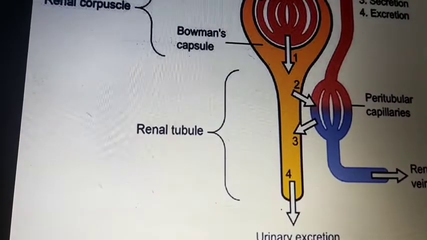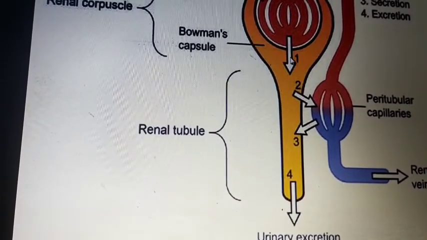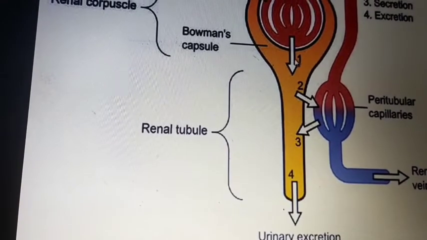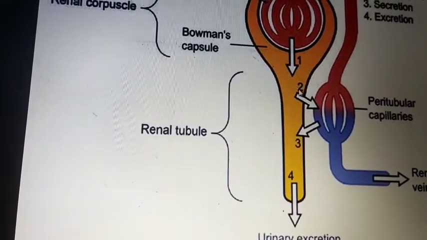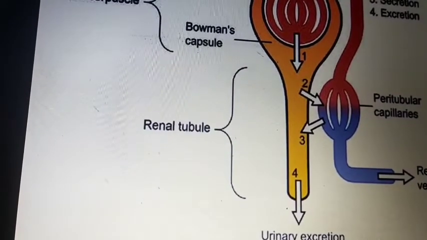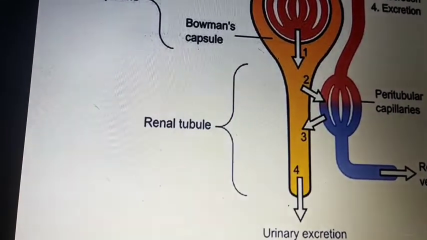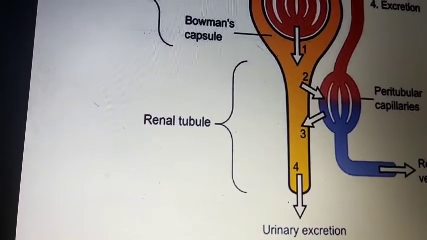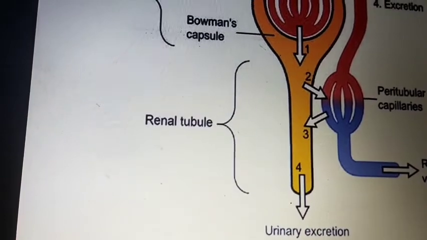That blood is present in the tubules. It may be the proximal convoluted tubule. And secretion, reabsorption. Absorb means to take into the body, or take into the cell, in short. In general, I am saying.